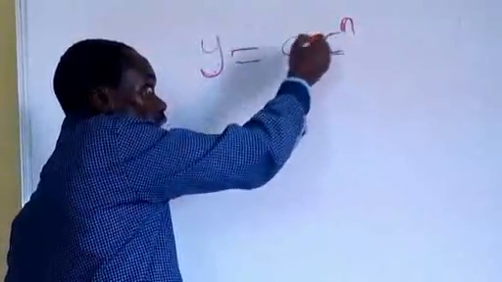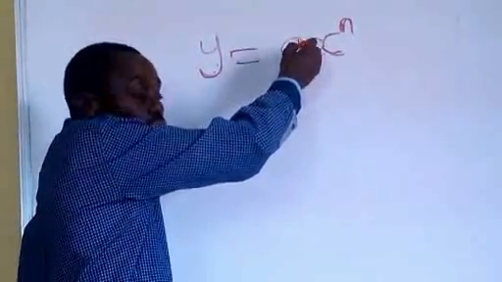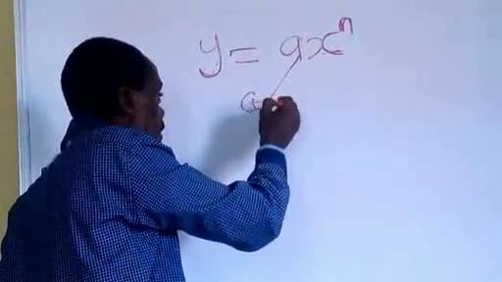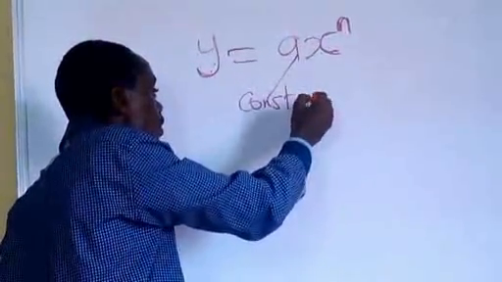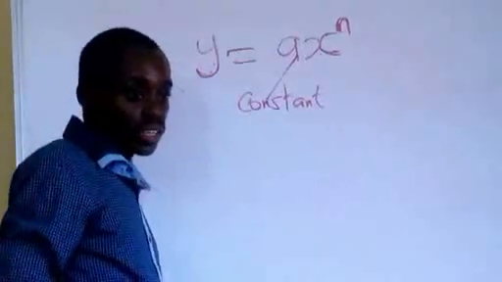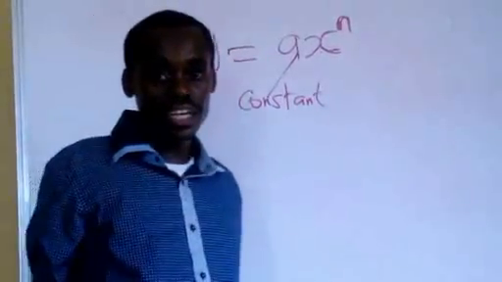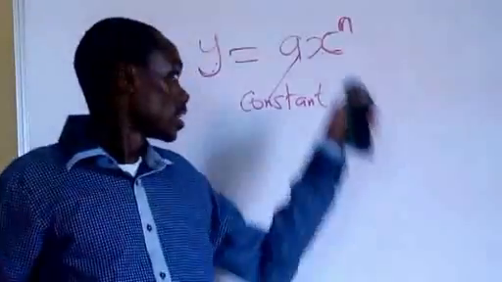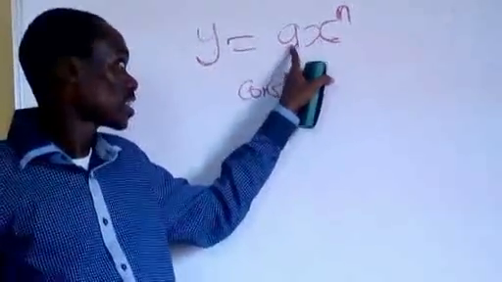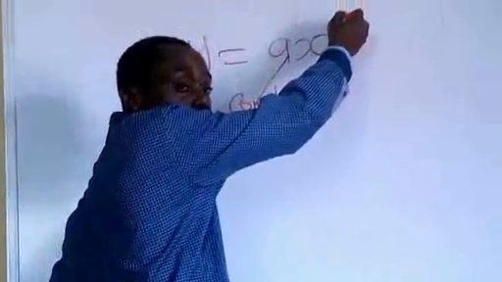This a here stands for a constant. A constant is just a pure number like 1, 2, 5, 6, 8, 100. The n here stands for the number to which x is raised.